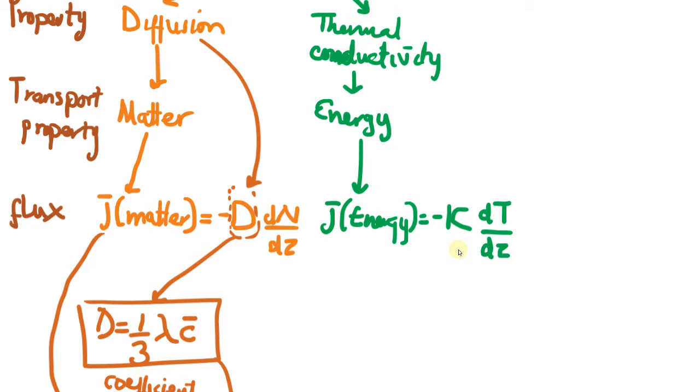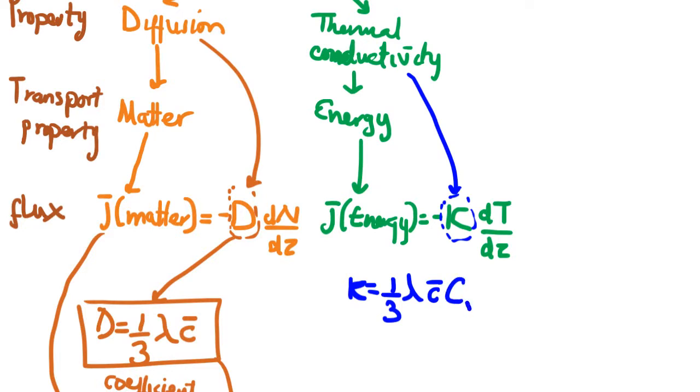So take note here that the thermal conductivity connects really well with our specific energy flux through this particular constant, which is represented as K, and so the coefficient in this case of our thermal conductivity is equal to 1/3 multiplied by our mean free path multiplied by our mean speed, and this is multiplied by our specific heat capacity of our gas at constant volume, and this is multiplied by our concentration of our gas.